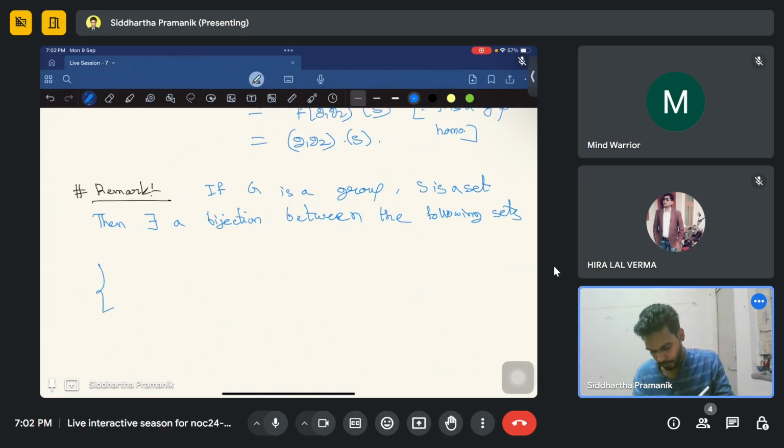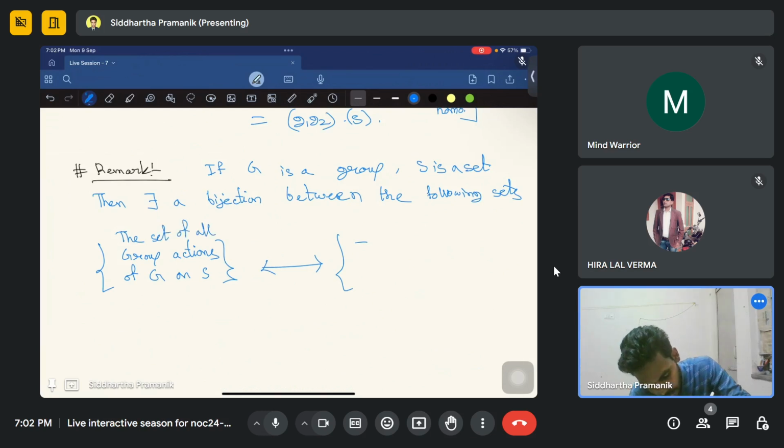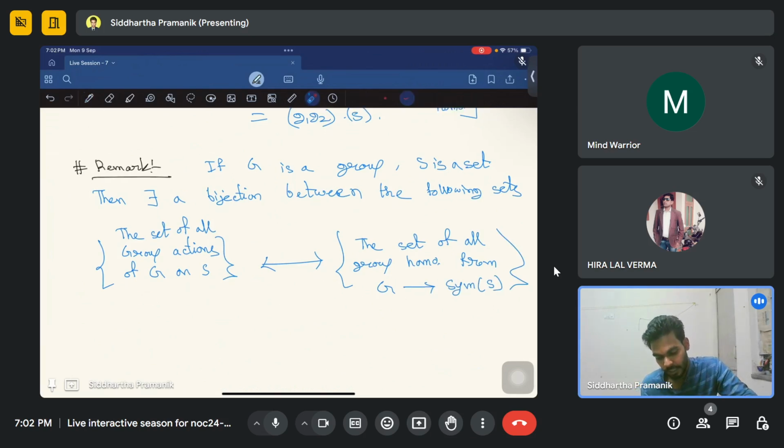The first one is the set of all group actions of G on S, and the other set is the set of all group homomorphisms from G to Sym of S. So these two sets are in bijective correspondence, so these two sets have the same cardinality, right?